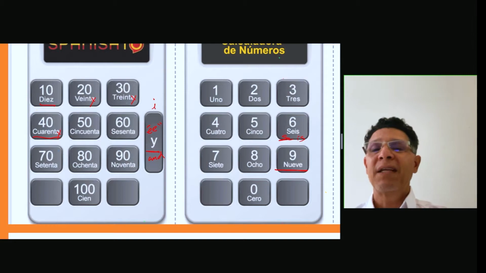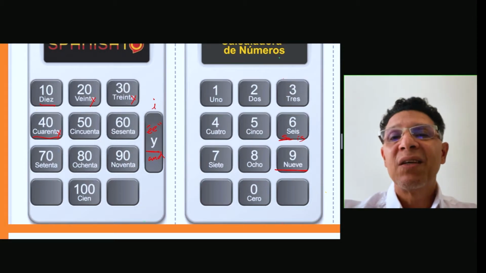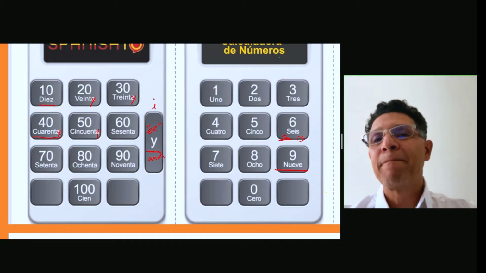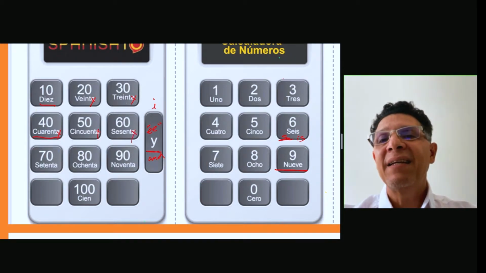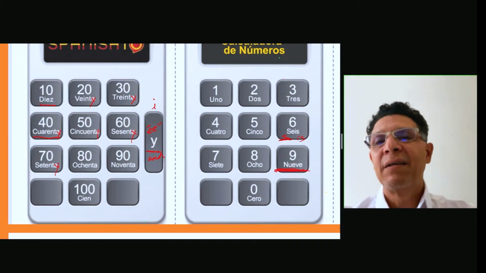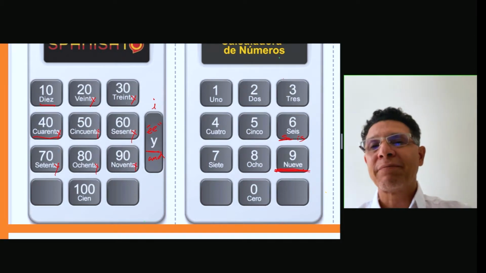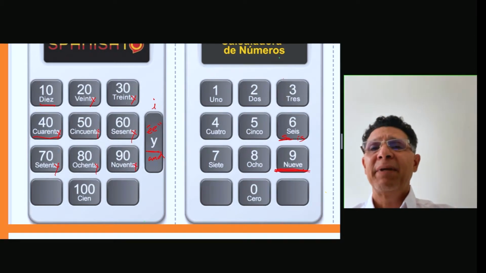So let's go the fast way. 50, 59, 69, 79, 89, and 99.